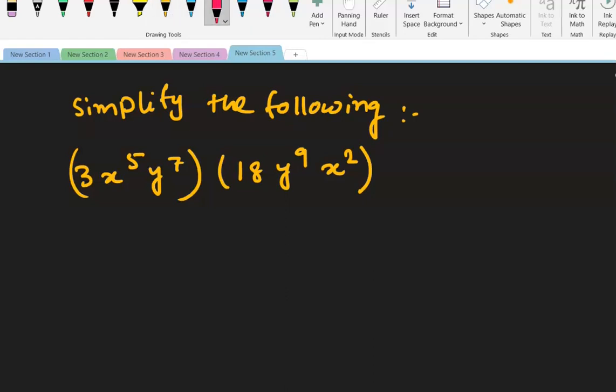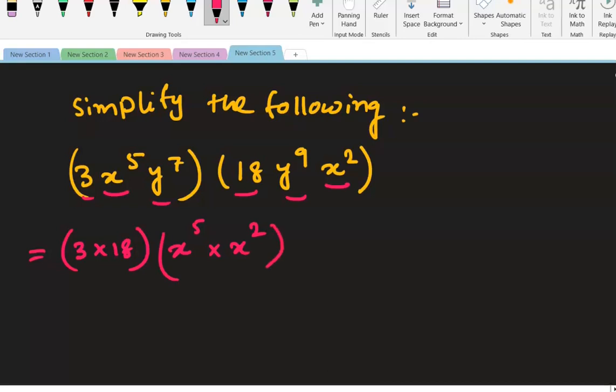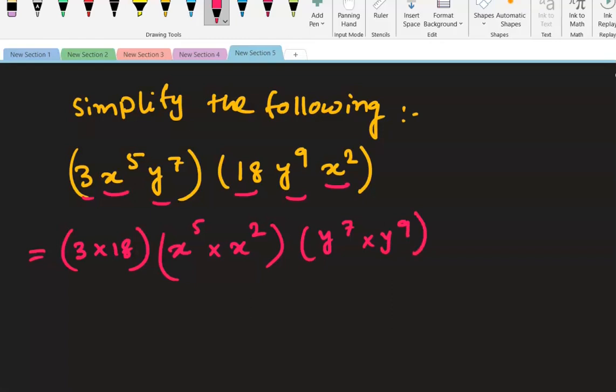So how will we do this? To use the laws of indices, we need the x terms together, the y terms together and the constants together. So first write the constants together. Now write the x terms together. So we have x to the power 5 multiplied with x square, and y to the power 7 multiplied with y to the power 9.